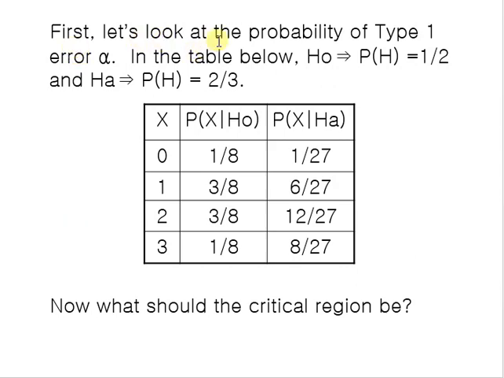Now let's look at how the decision will be made. First, let's look at the probability of type 1 error alpha in the table below. H null is probability of heads 1 per 2 and H alternative is 2 per 3. This is X and the probability. Now what should the critical region be?